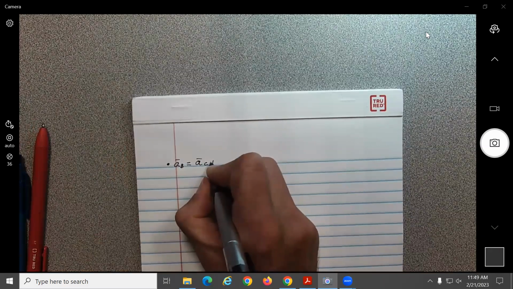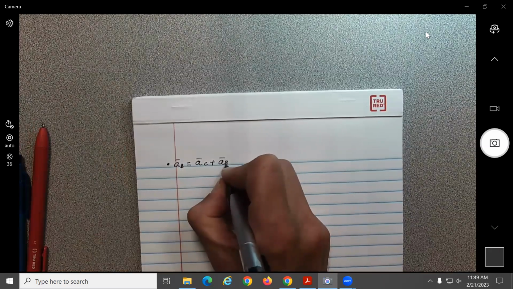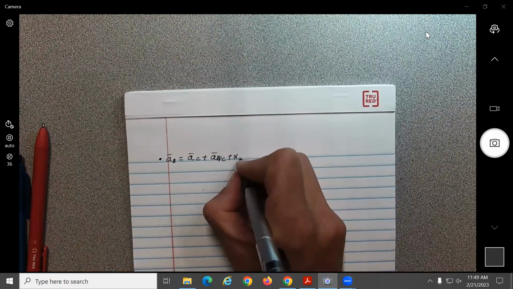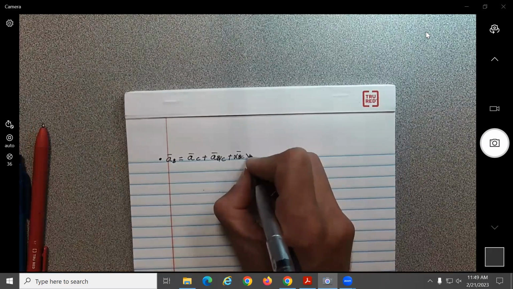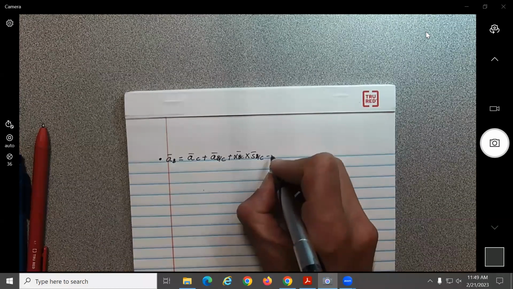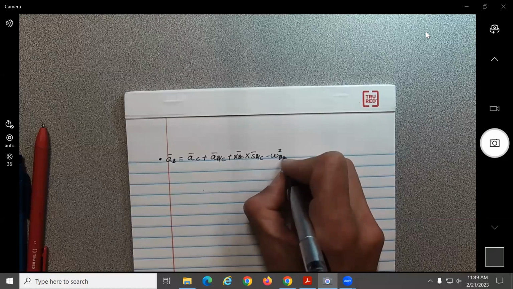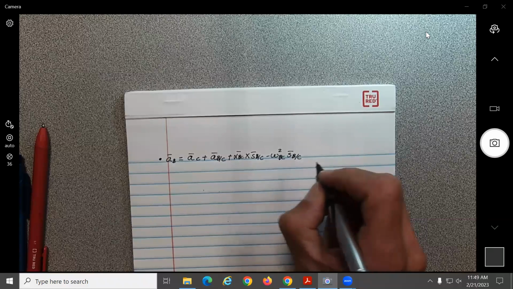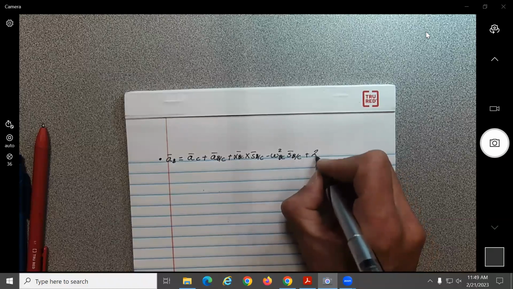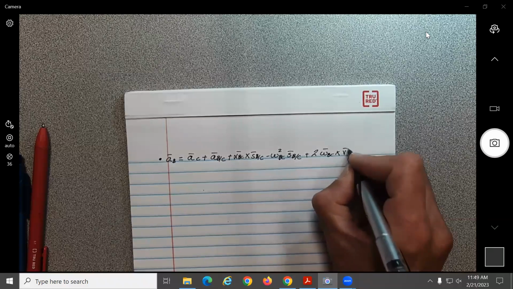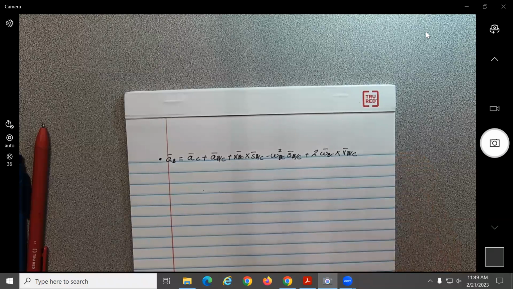Yes, we have acceleration of C plus the acceleration of B with respect to C plus alpha BC cross S of B with respect to C minus omega squared BC S of B with respect to C plus 2 times omega BC cross V of B with respect to C.